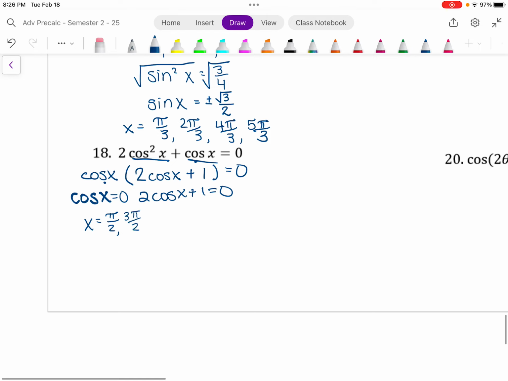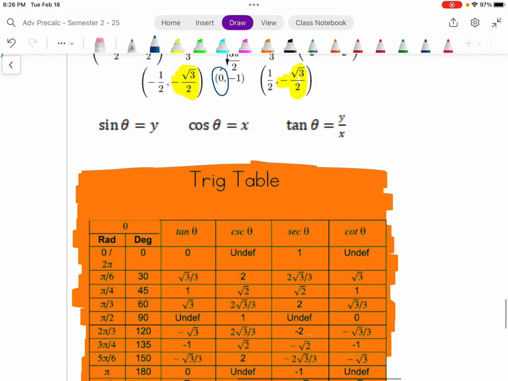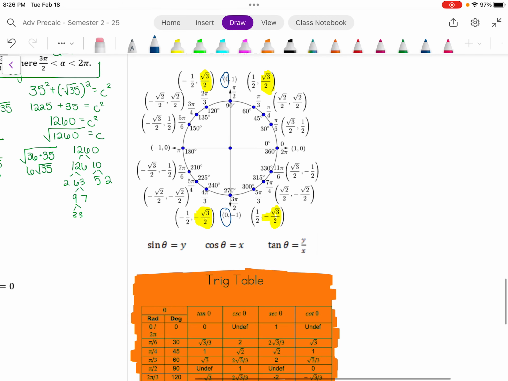Okay, and then for this half, I'm going to get cosine x equals negative 1/2. So that's subtract 1, divide by 2. Okay, so now where is cosine negative 1/2?